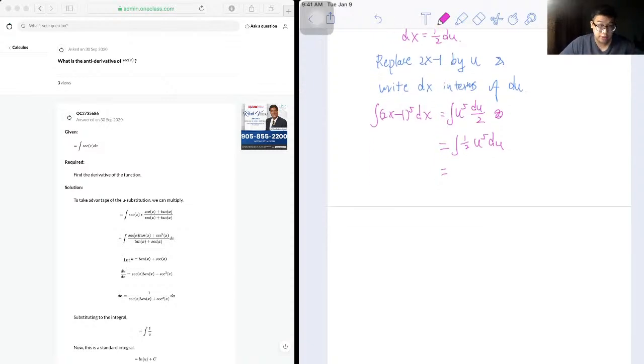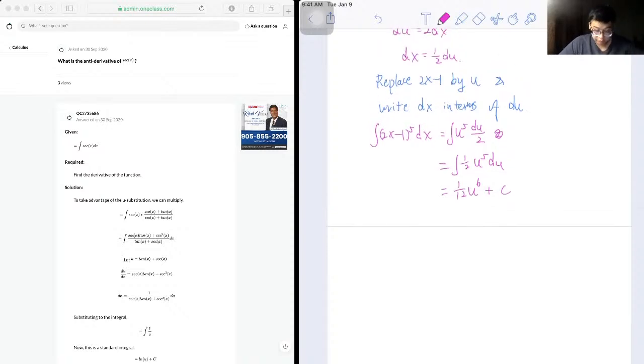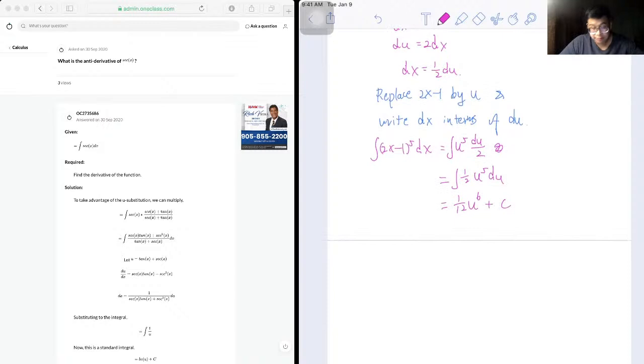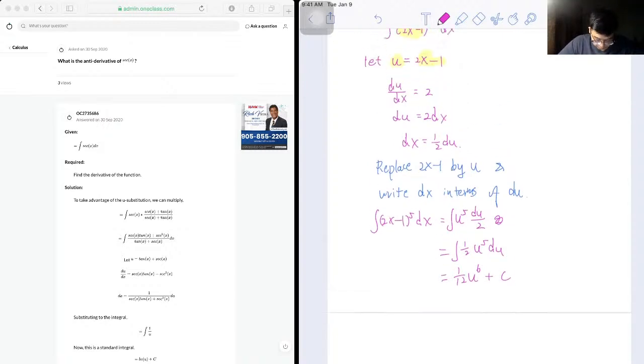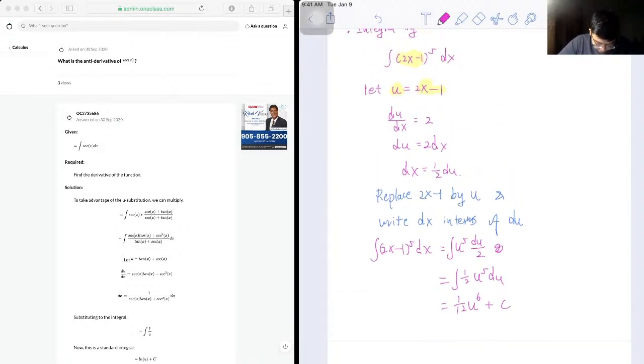And so we just solve this integral, which is 1 over 12 u to the exponent of 6 plus c, which is a constant. Our final step is to substitute u back. Remember, we let u equal 2x minus 1.